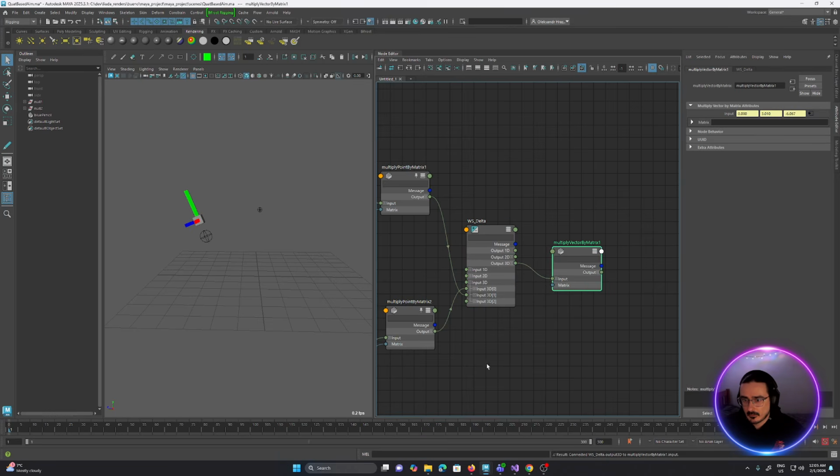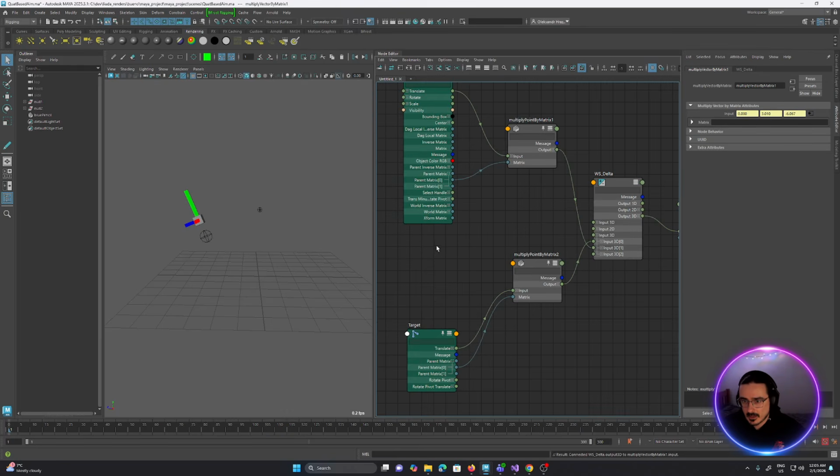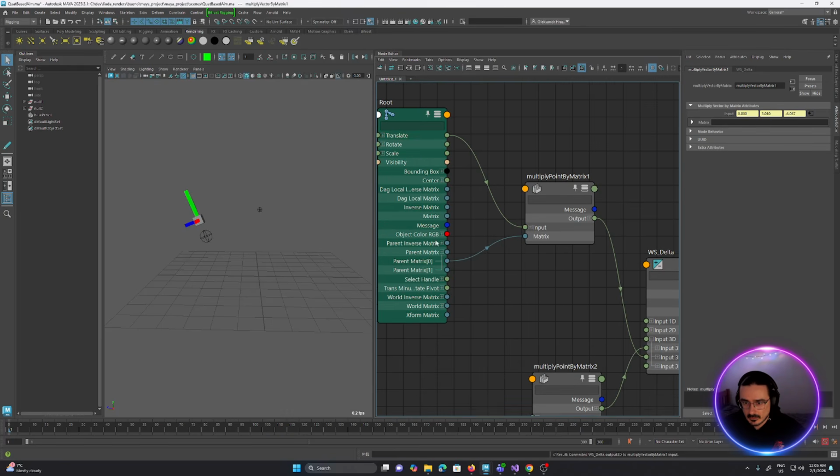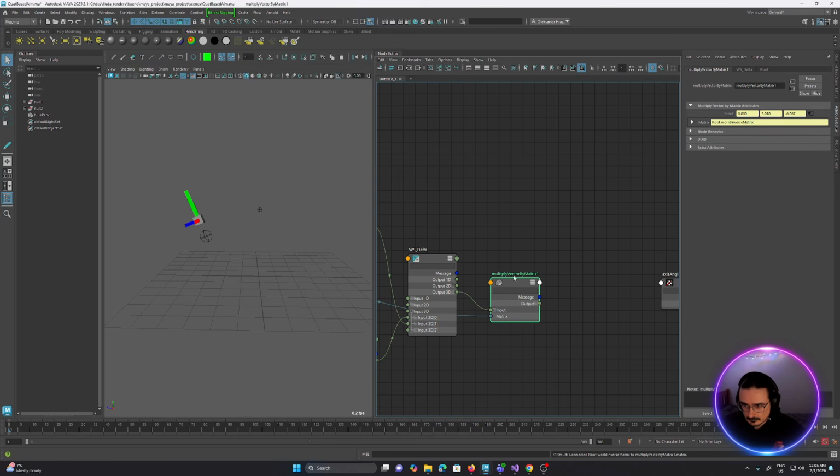And we plug our world space delta into the input, and the matrix would be the root inverse matrix. So now we have the local space delta.